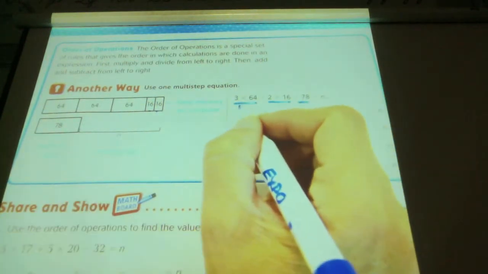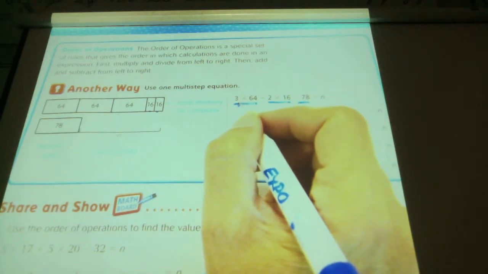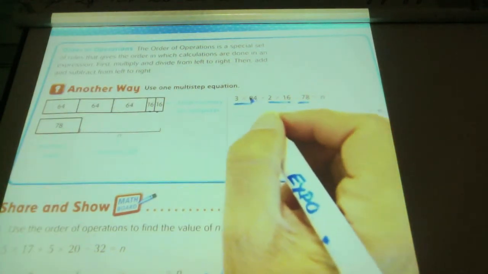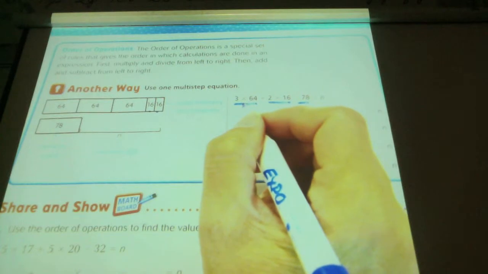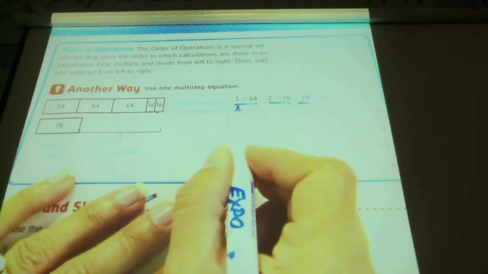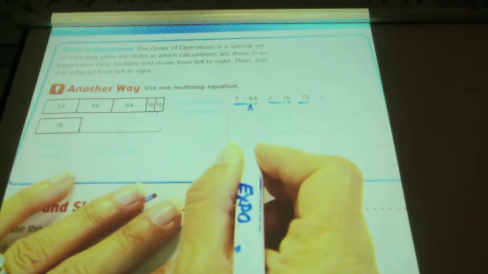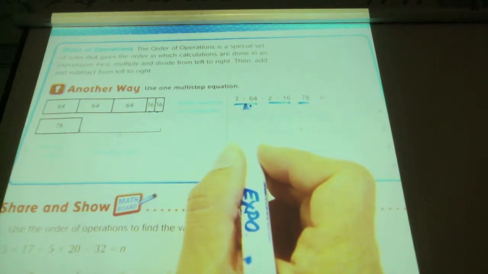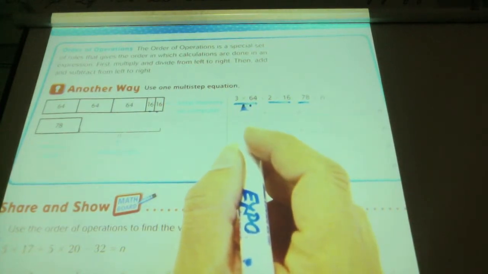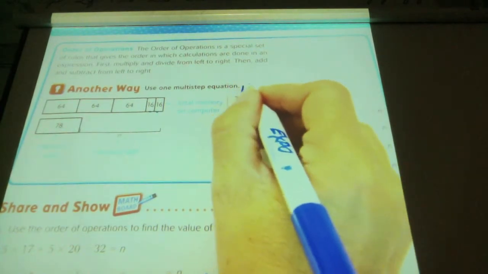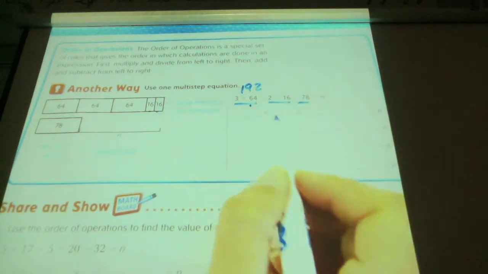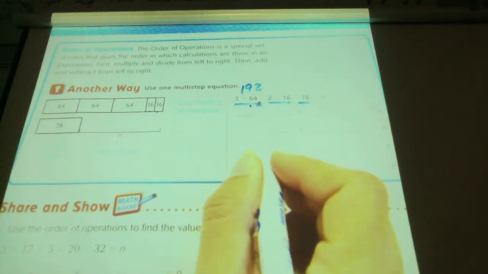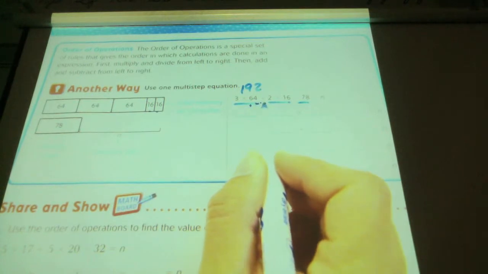First, we do multiplication and division all the way across before we do any adding or subtracting. So when I see this number, 3 times 64, what did I get was my answer? 192. Okay, 192. If I add 2, that's my next step. Do you see how it says add 2?